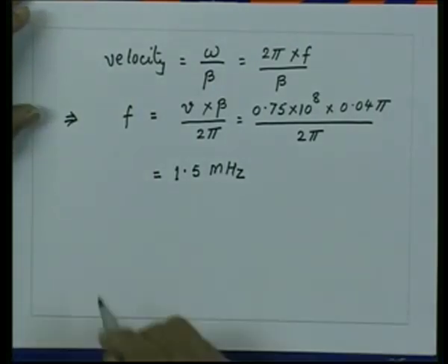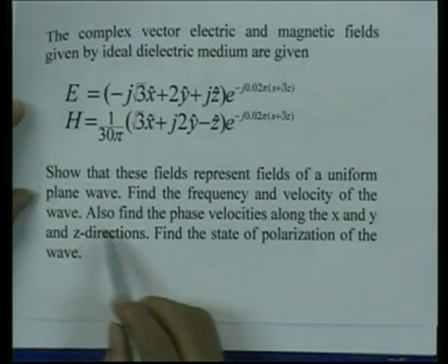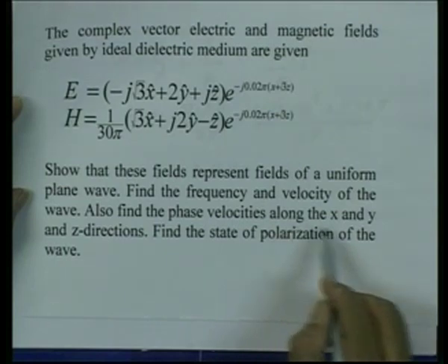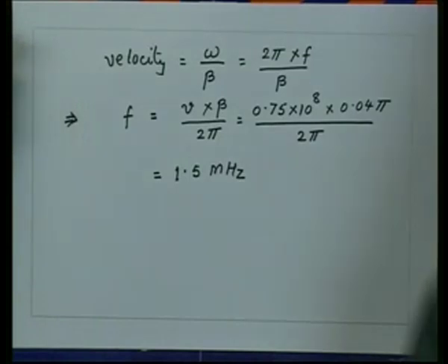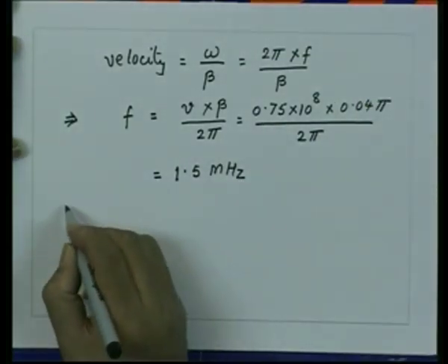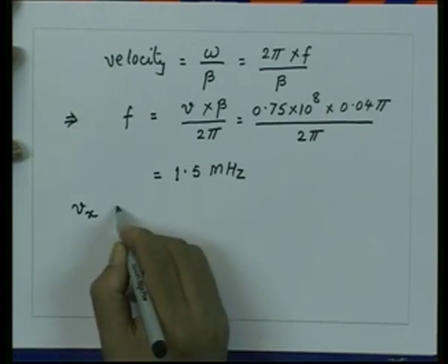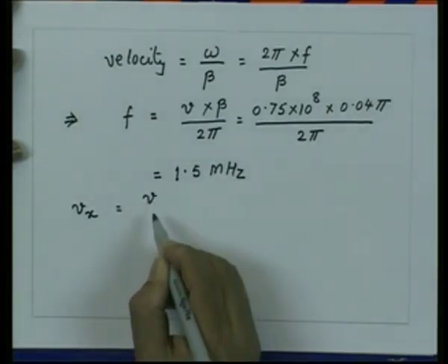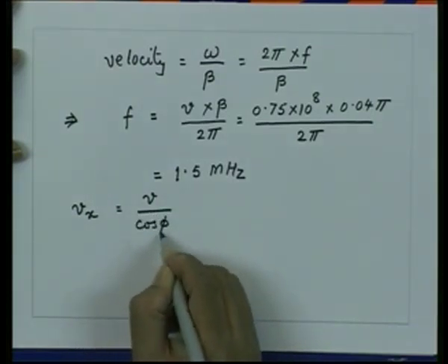The next thing we have to find out is the velocity of the wave along different directions. We are supposed to find the phase velocities along x, y and z directions. As we know, the phase velocity along x direction is Vx equal to V divided by cos of phi x.